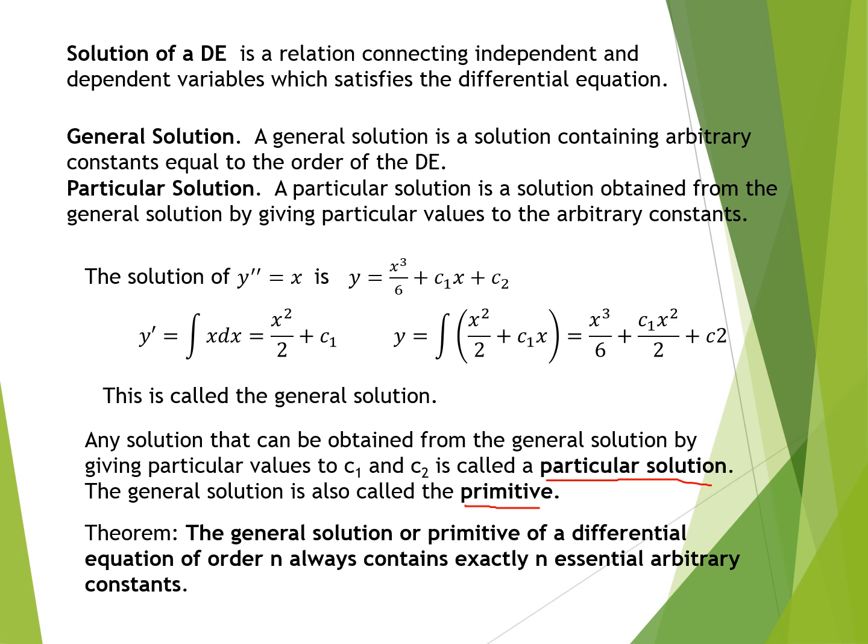Now there is a theorem: the general solution or primitive of a differential equation of order n always contains exactly n essential arbitrary constants. Here there are two arbitrary constants, and our differential equation is second order. What do you call this again? This is called a primitive or a general solution.